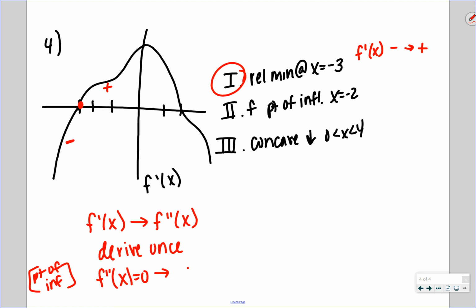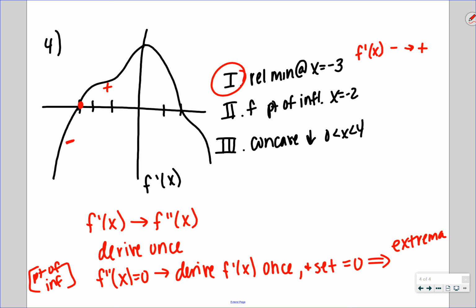You only had to derive the first derivative once and set it equal to 0, which means the points of inflection are the extrema of the first derivative. So if I have a point of inflection at x equals negative 2, I would have a max or a min at x equals negative 2 of my first derivative. Well, here is x equals negative 2. It is not a minimum or a maximum. I was increasing and continue to increase. It is not an extrema, so not that one.